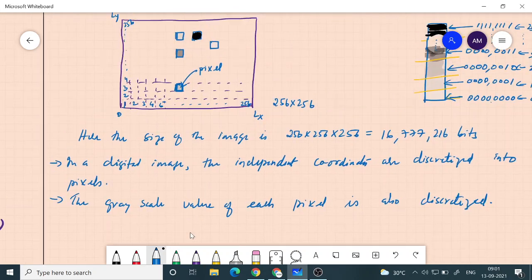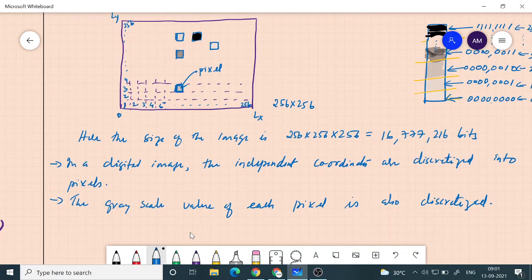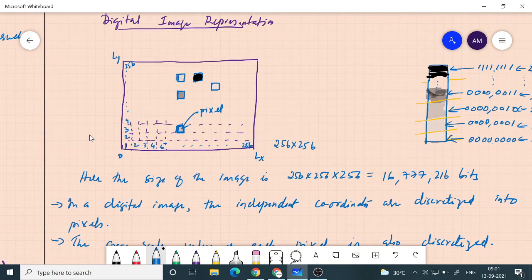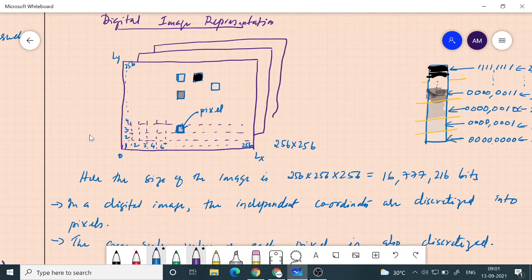Now if it is a color signal, then there will be 3 copies of this. Let me denote it here itself. If it is a color signal, you will have one more such, and then one more such. For each pixel there is a corresponding representation.